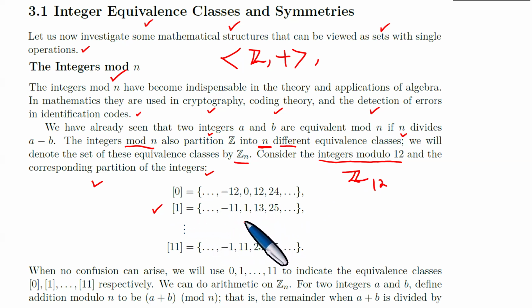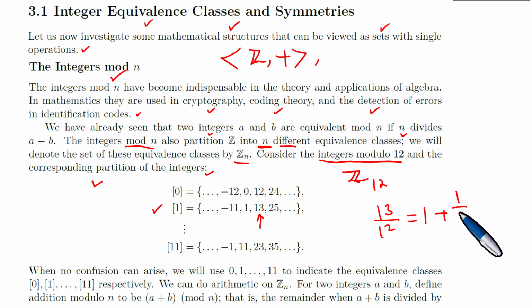And how do we know? Well, we look at the remainder when this number 13 is divided by 12. So these sets are sets of remainders after division by 12, because you take 13, you divide it by 12, and 12 goes once, but we're looking at the remainder.